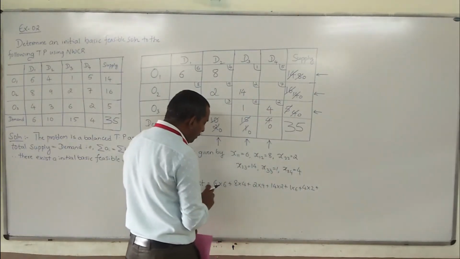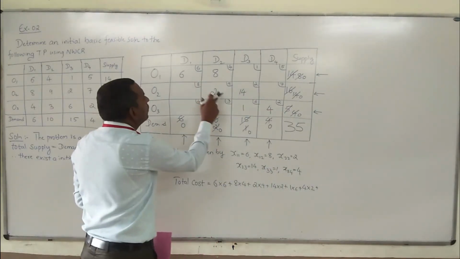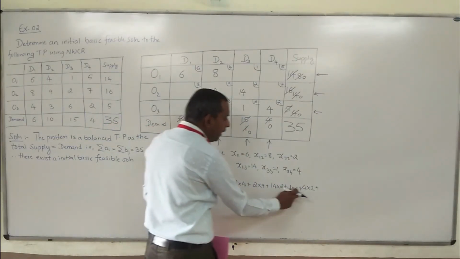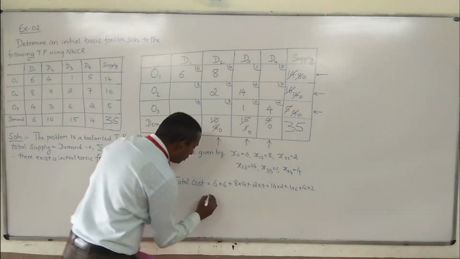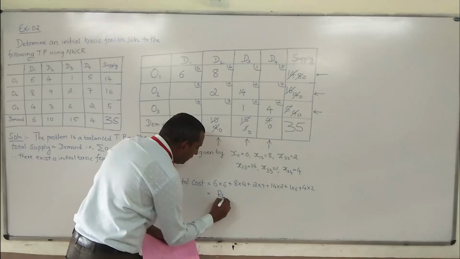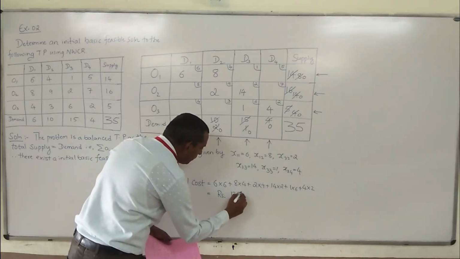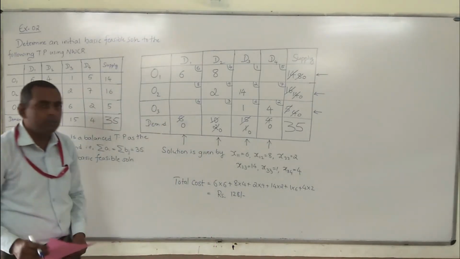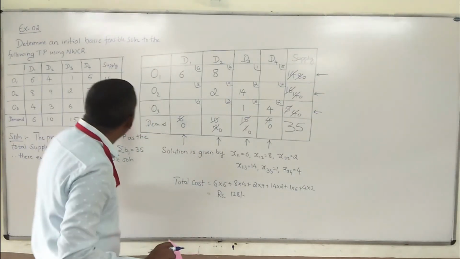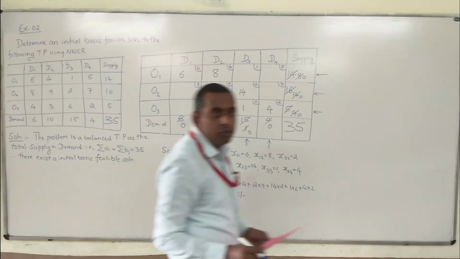How many allocations? 1, 2, 3, 4, 5, 6. So the total cost is how much here? If you calculate this, it becomes 128 rupees. So this is the initial basic feasible solution for this transportation problem.